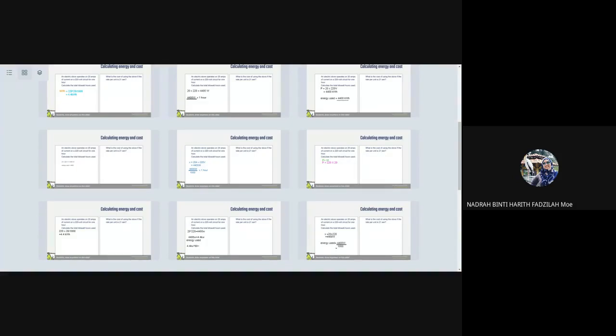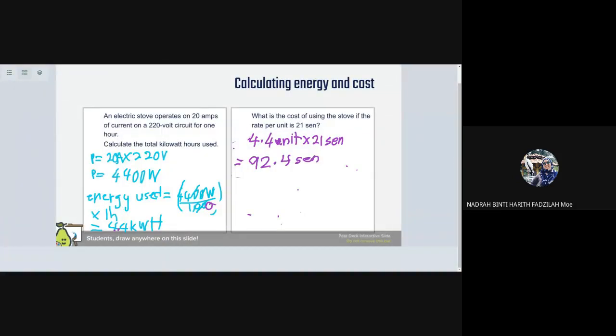Rash dan Jeffrey. So for this question, from the left side, we know that the power is 4,400 watt, but we have to convert into kilowatt in order to calculate the next one, which is the cost of using electrical stove.